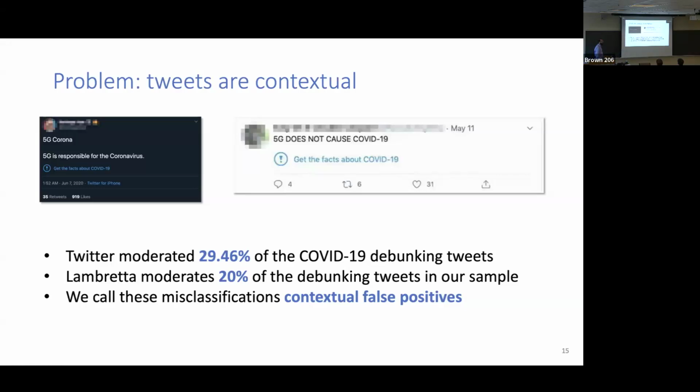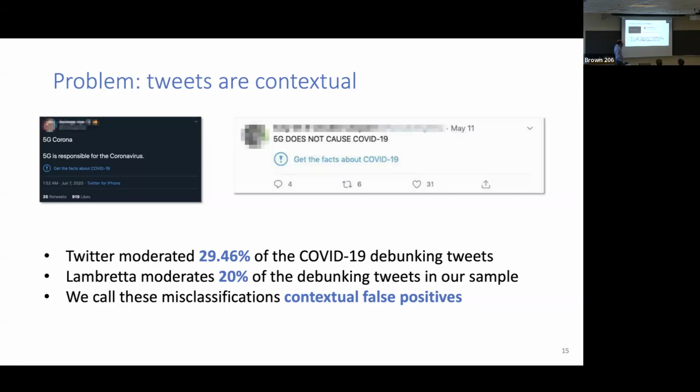What Twitter was doing there was that any tweet containing 5G and COVID would get a flag. Very simple, but also not very effective. If a health expert said that 5G does not cause coronavirus, they would still get a label, and that could affect the perception that people have.